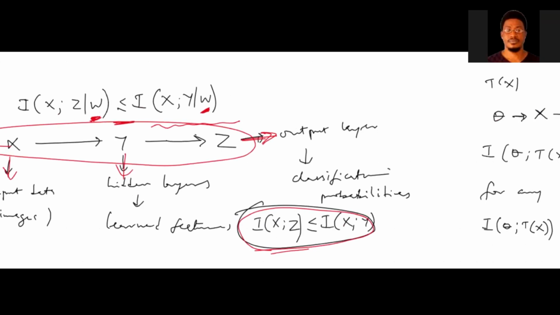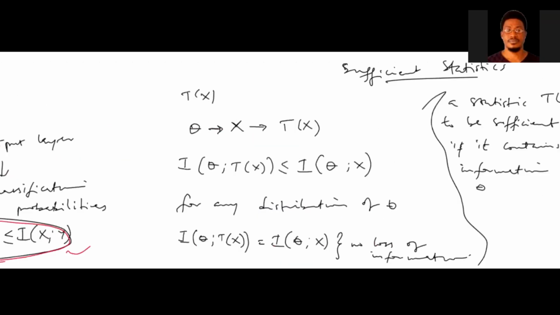And then we can solve. So this means that the final output cannot carry more information about the input than the intermediate representation layers.